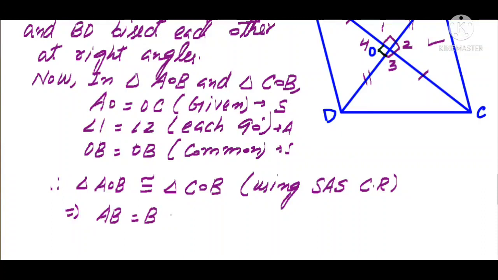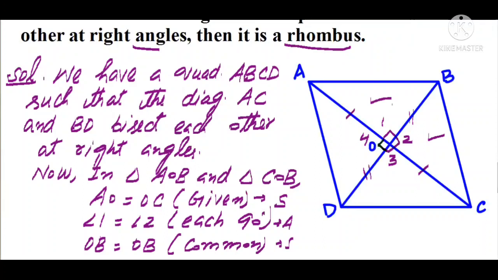You can name it equation first, and the reason is CPCT. You know that corresponding parts of congruent triangles are equal. So I have proved that these two triangles are congruent, so which implies AB is equal to BC. Now you need not prove that these two triangles are congruent. In the similar fashion, we can write now BC is equal to DC and DC is equal to AD.